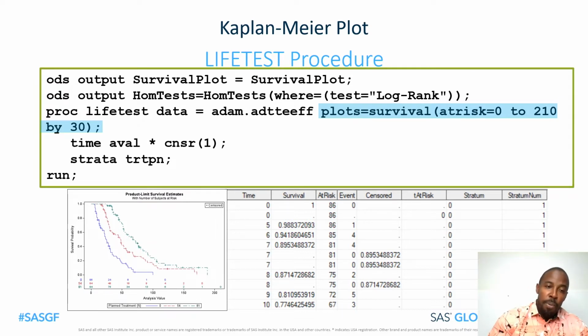For example, in this example, I'm not sure if you can see it, but the axis tick values go from 0 to 200 by 50. However, I would want to produce it 0 to 210 by 30 so that it shows the survival value at every month.